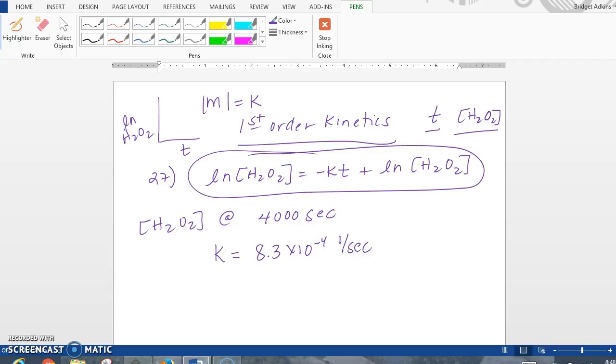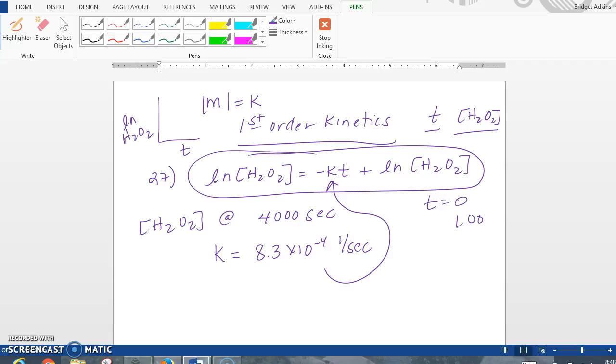So now that I have that, I can pick any of the data points that I want in order to solve for the concentration of H2O2. I've got at t equals 0 that the concentration of H2O2 is 1.00.